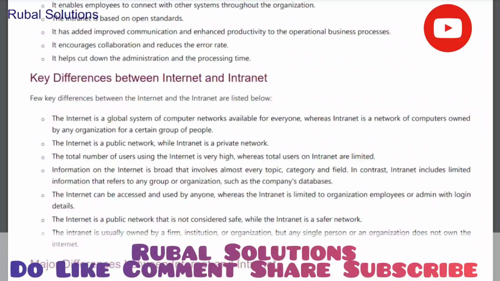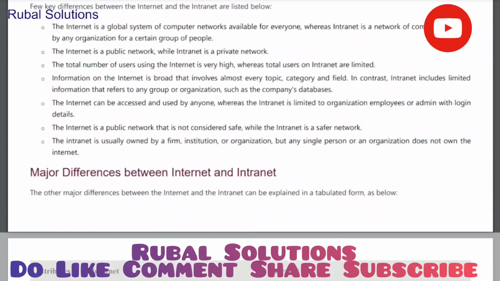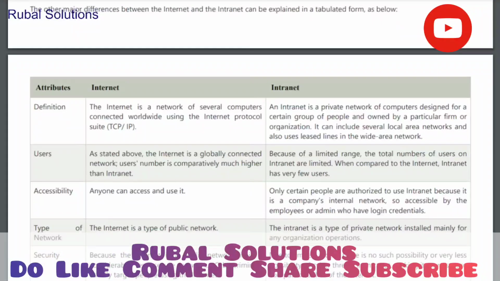The internet can be accessed and used by anyone, whereas intranet is limited to organizations, employees, or admin with the login detail. The internet is the public network that is considered less safe, while intranet is a safer network. The intranet is usually owned by a firm, institution, or organization, but no single person or organization owns the internet. Major difference between internet and intranet.